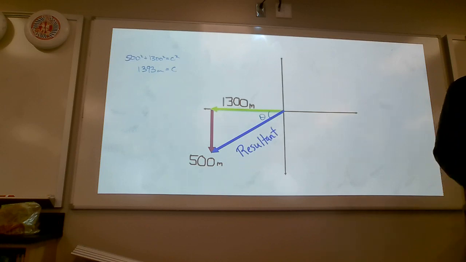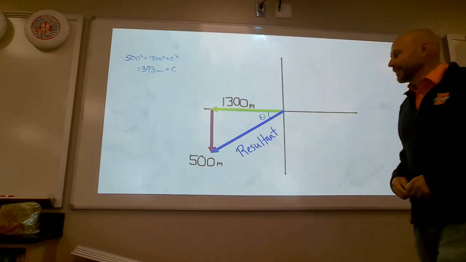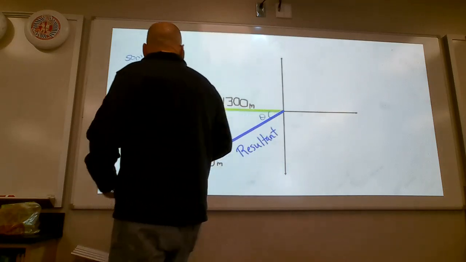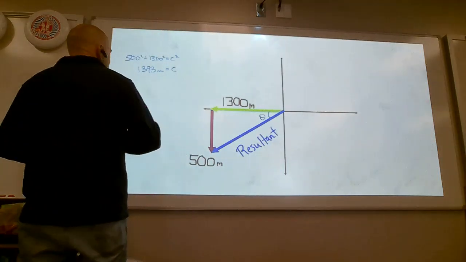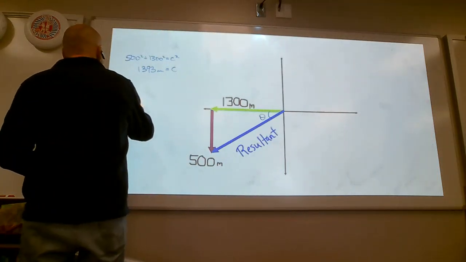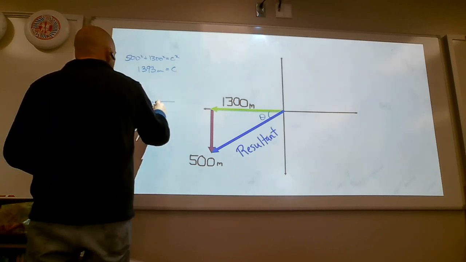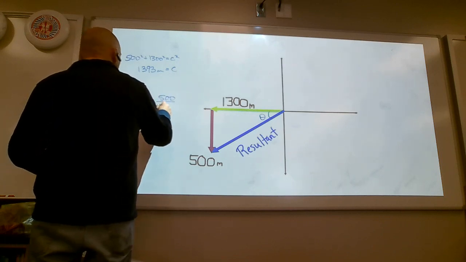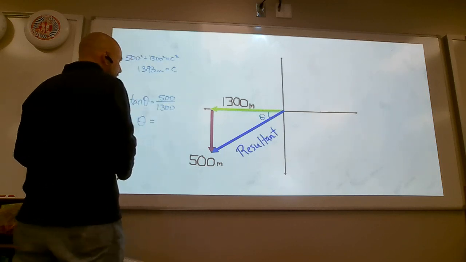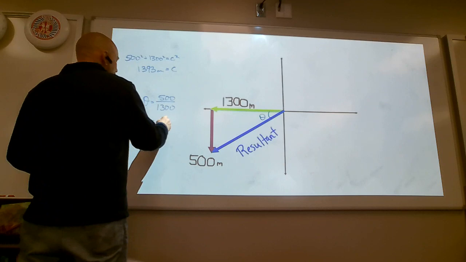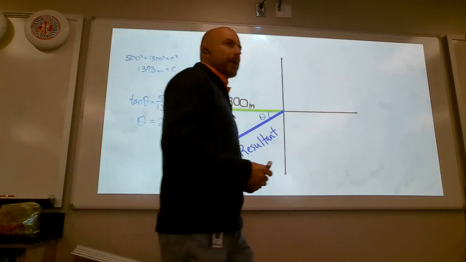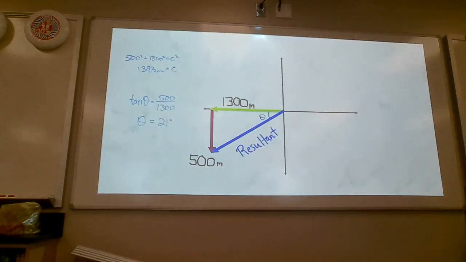Trig function is tangent. Got opposite and the adjacent. So I'm going to say tangent theta is equal to 500 over 1,300. If you know you struggle with this, I would highly recommend reproducing this on your calculator. Find that to be 21 degrees. Make sure you know how to solve that.